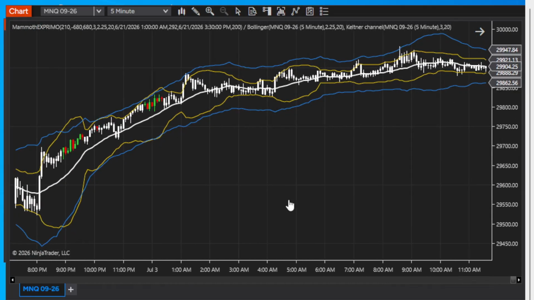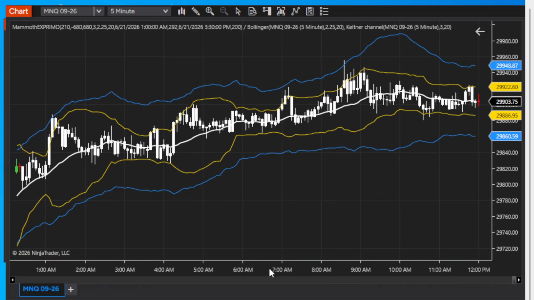Why no trades? Because what this strategy does is, when the Bollinger bands are inside of a Keltner channel, the Keltner channel being the blue one, this is the upper channel and this is the lower channel, you can see the yellow Bollinger bands are inside the Keltner channels.